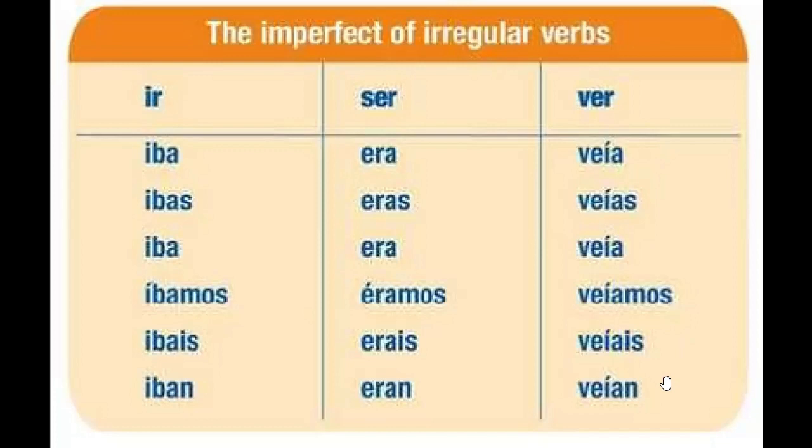For example, cuando era niña, when I was a kid, yo veía caricaturas. So when I was a kid, I used to watch cartoons. Cuando era niña, yo veía caricaturas. Okay, remember, these are the three irregular verbs in pretérito imperfecto.